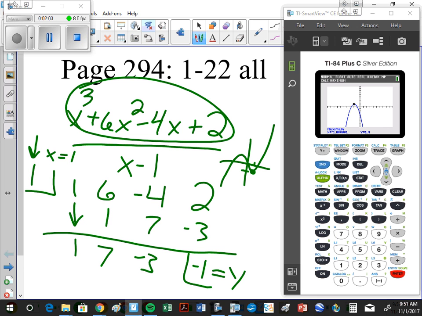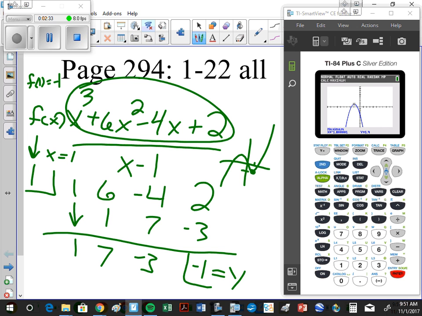So the remainder is the value you get when you plug in that particular x. It's the y value you get when you plug in that x. So if this numerator was f of x, then f of 1 is negative 1. When x is 1, y equals negative 1. Which is why, when you get a remainder 0, you end up with a simplified equation that doesn't have a fraction in it because it went in evenly.